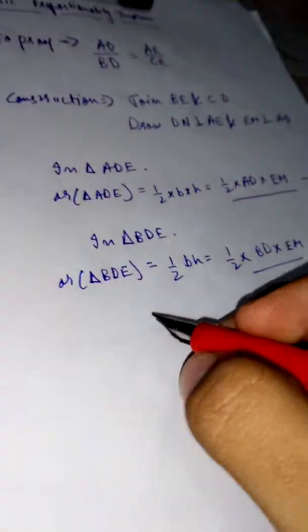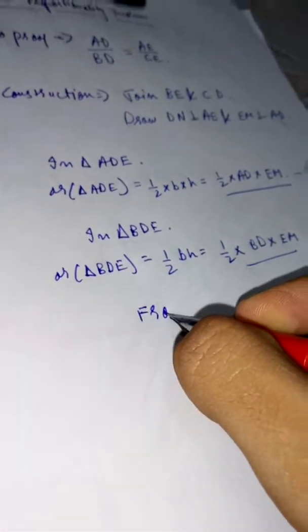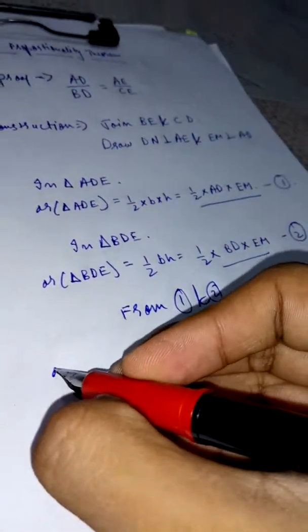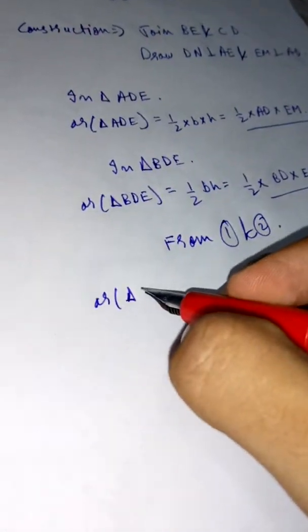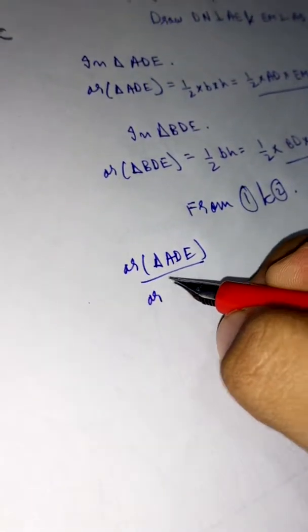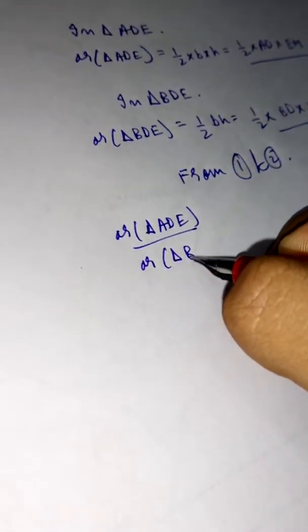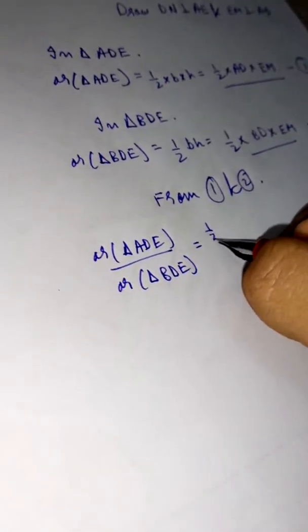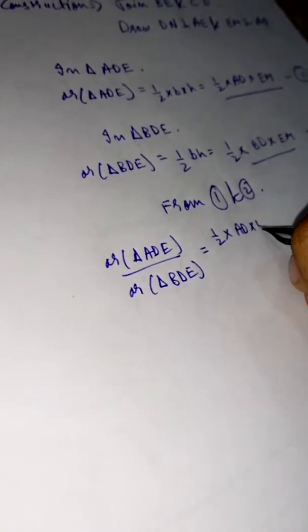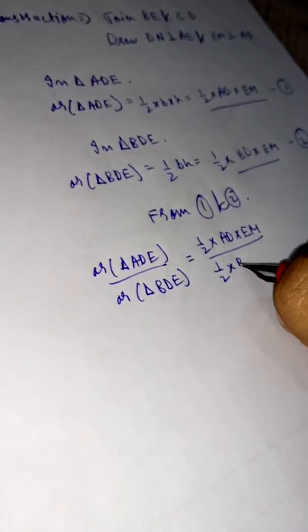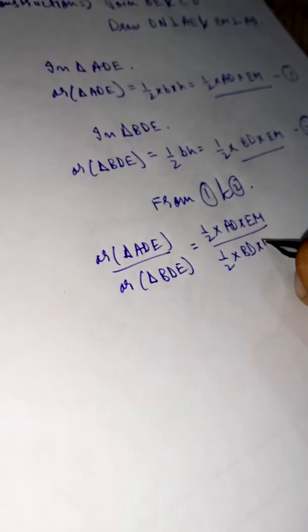Equation 2. From 1 and 2 we get that area of triangle ADE upon area of triangle BDE is equal to half into AD into EM upon half into BD into EM.